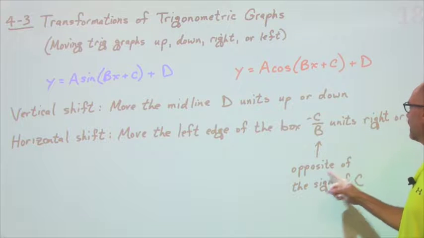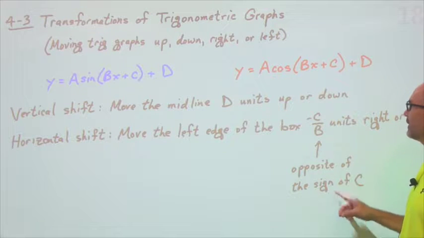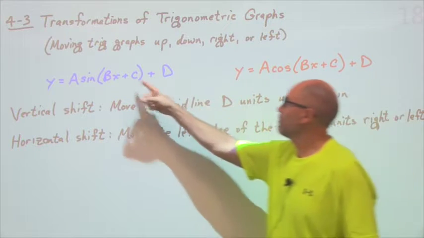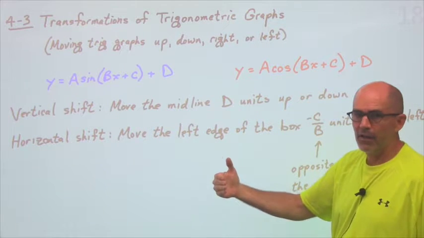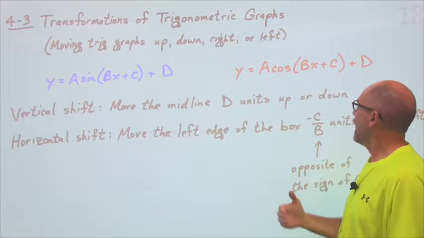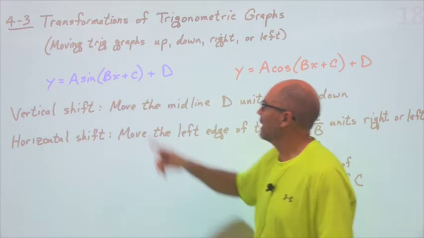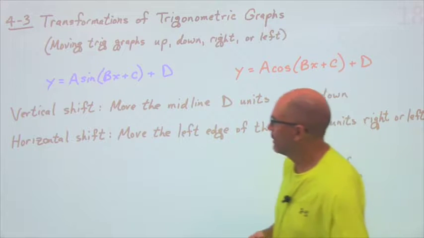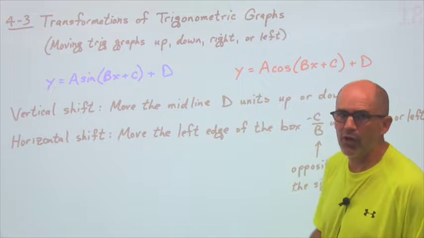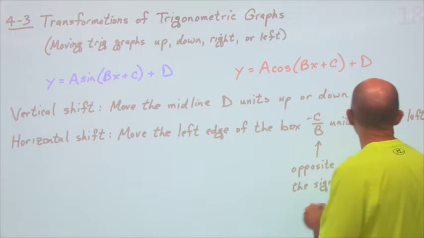In other words, it's the opposite direction as the sign of C. So if we have plus C, then we're moving it left C over B units. And if it's minus C, we'd be moving it right C over B units. Otherwise it's really all the same stuff that we've been doing.